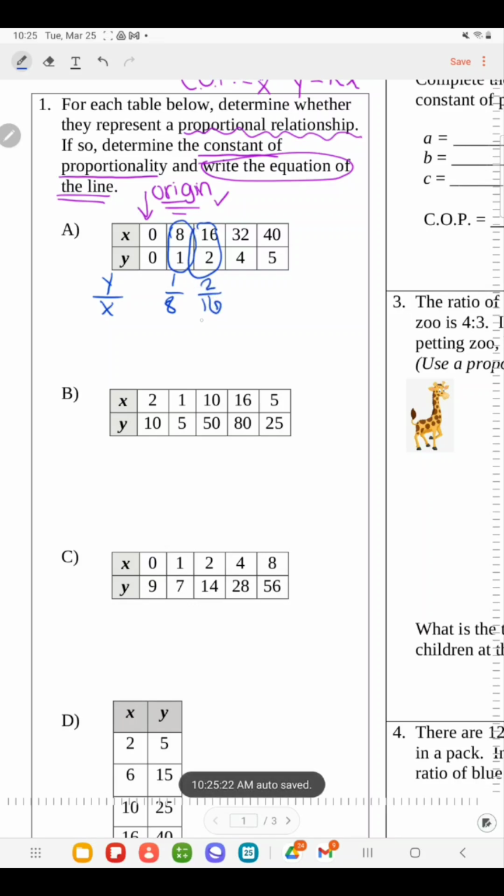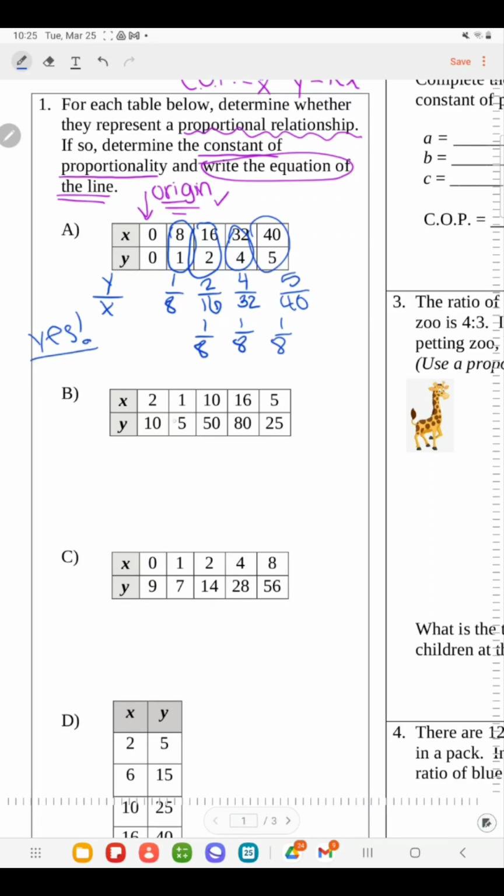We can simplify 2 over 16 in our calculator to 1 over 8. 4 over 32. Again, the pairs go like this. And 4 over 32 gets you 1 over 8. And last, 40 and 5. So we have the y over the x, 5 over 40, and that gets you, in the calculator, 1 over 8.